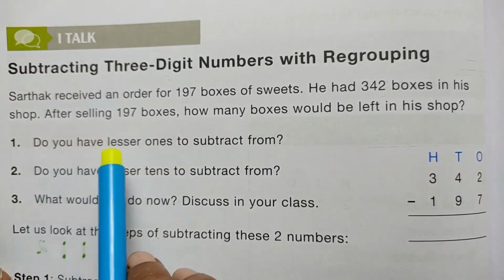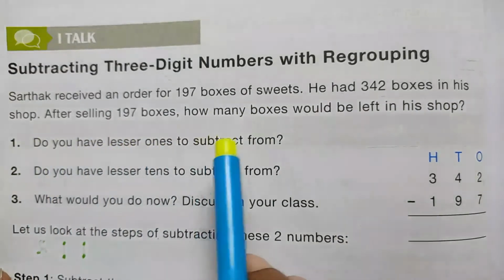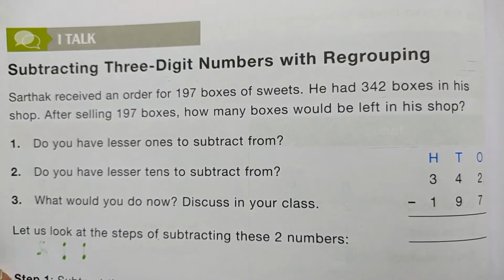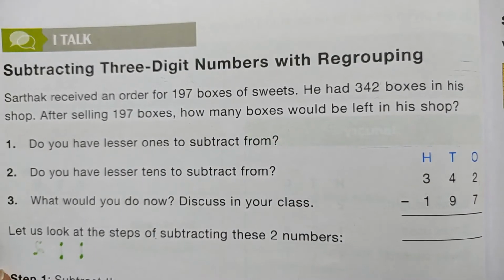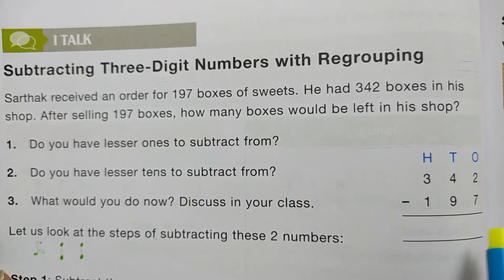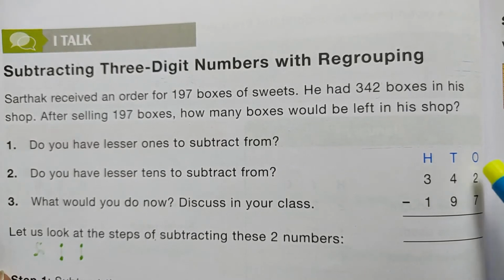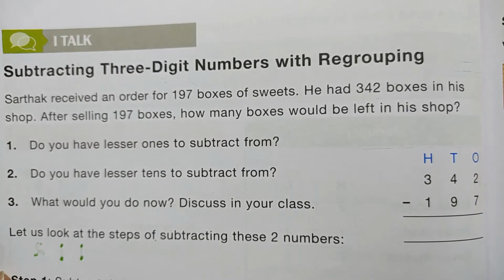After selling 197 boxes, how many boxes would be left in his shop? So here we have to subtract 197 from 342. Now see these two numbers, ones and tens place. We have lesser ones to subtract from, and also lesser tens to subtract from.